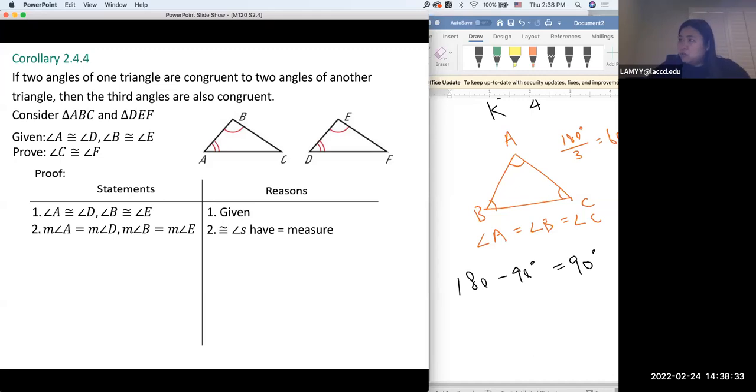Okay, think about how to do it. Any idea how to prove it?